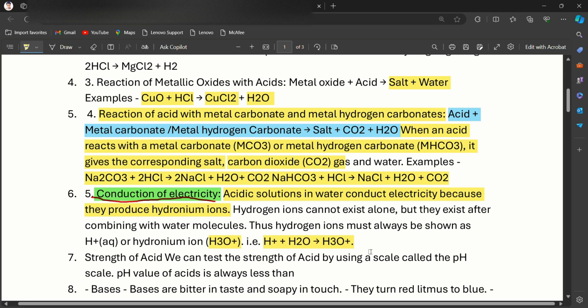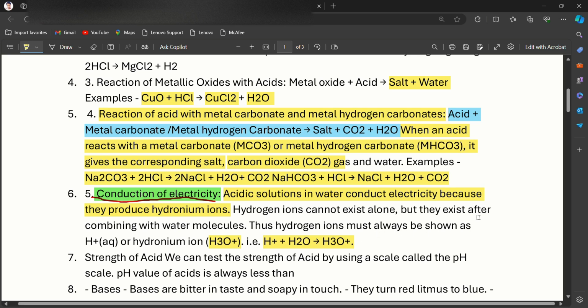When we mix acid in water, then the hydronium ion will form, and the reason behind the conduction of electricity in acidic solution of water is hydronium ion.